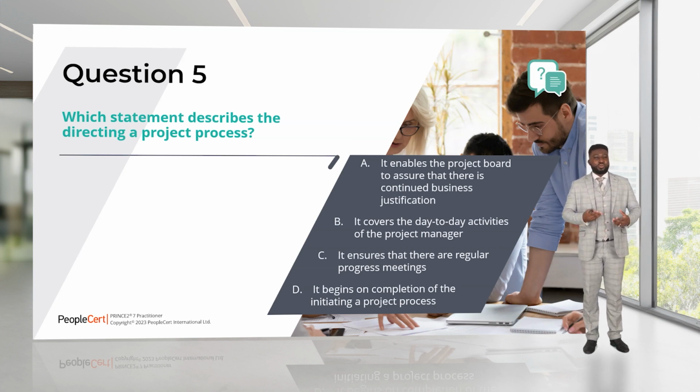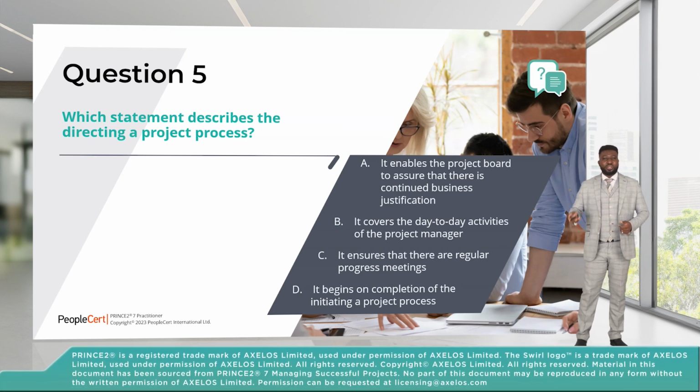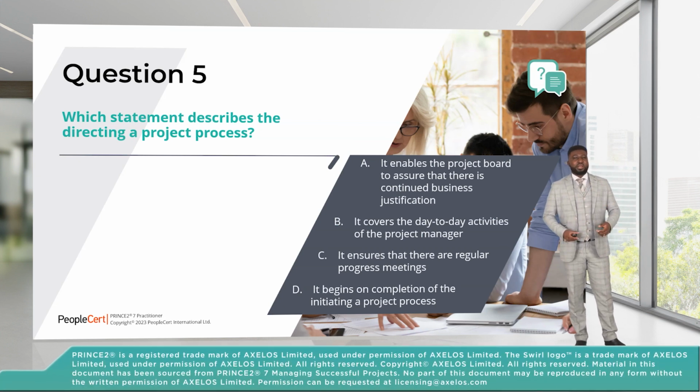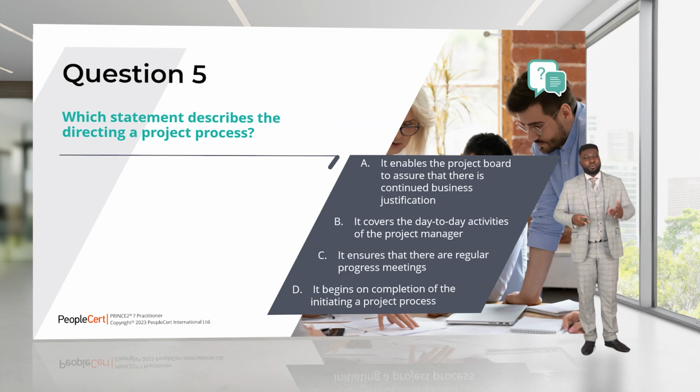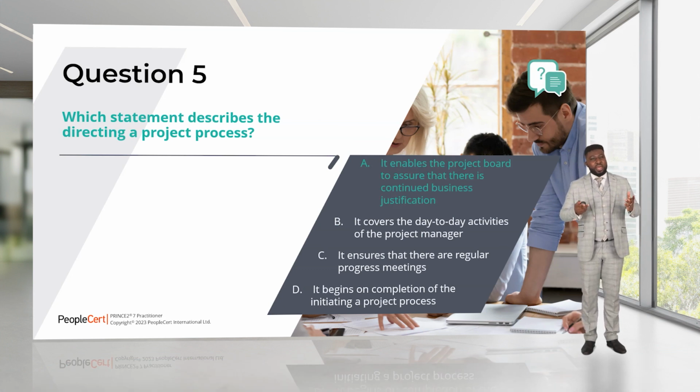They need to review what you've done and authorize whether or not they wish to go to the next stage. They will authorize initiation, they will authorize a project, they will authorize a stage, they will authorize exception, they will give you ad hoc advice, and of course they will authorize closure. So A is your right answer.